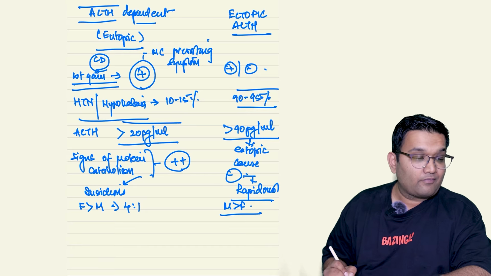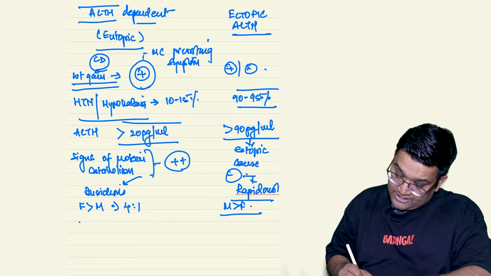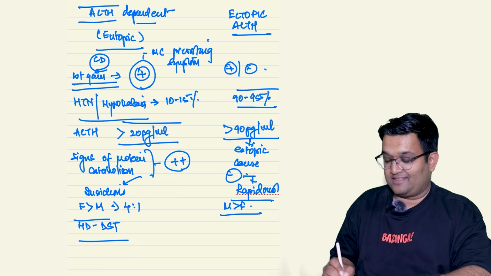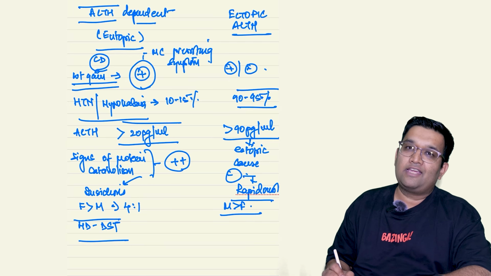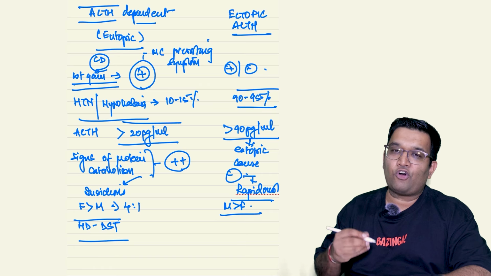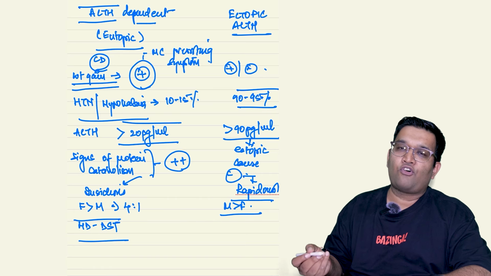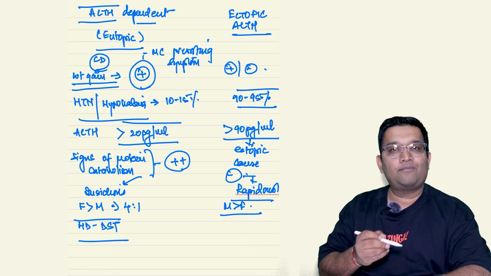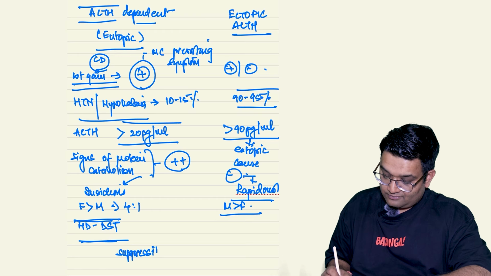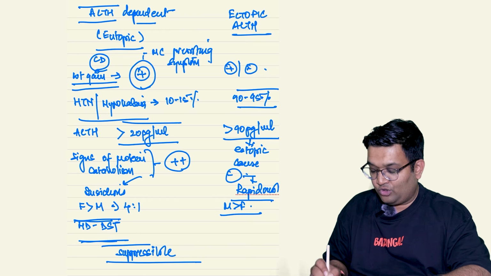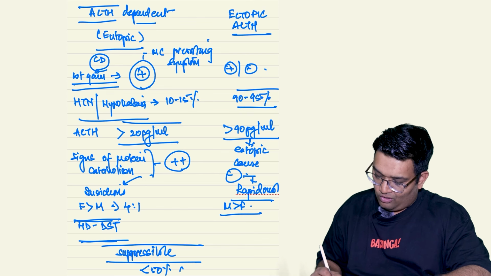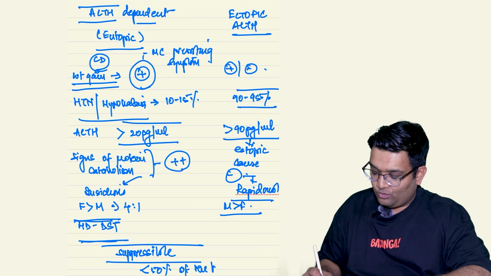Now in case of HDDST, which is the high dose DEXA suppression test, we give dexamethasone 2 mg every 6 hourly, and after 48 hours we test for the serum cortisol levels, and if the absolute value is going to be less than 50% of the basal value, it is suppressed.